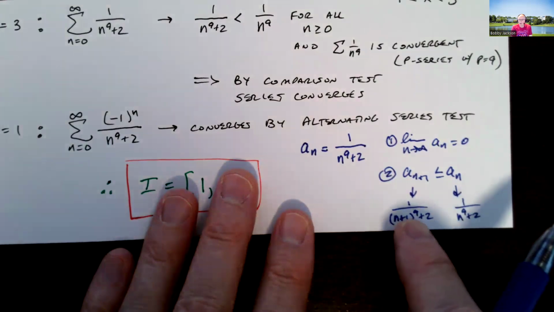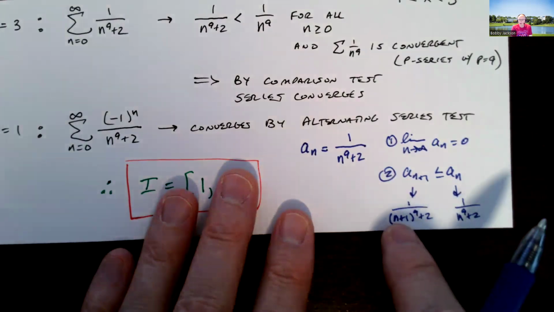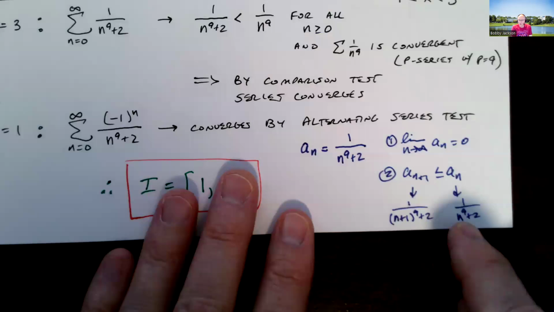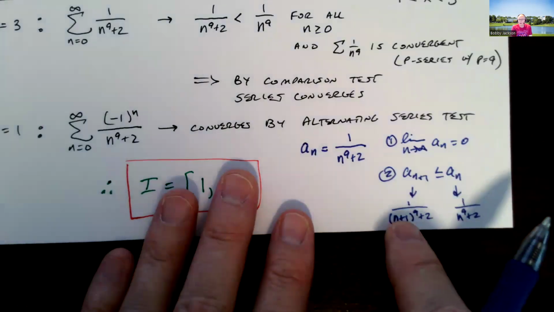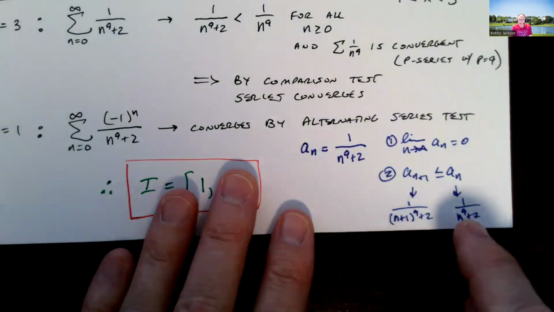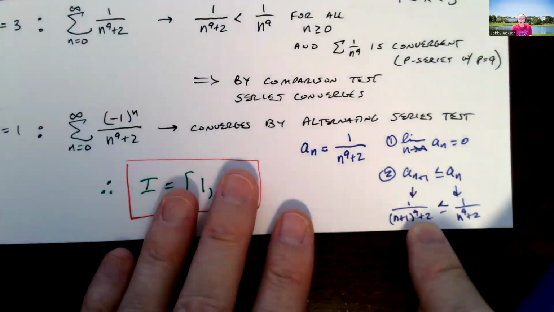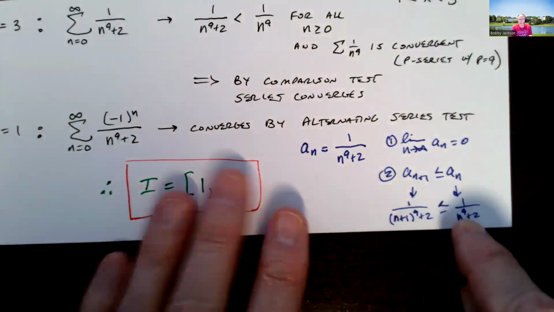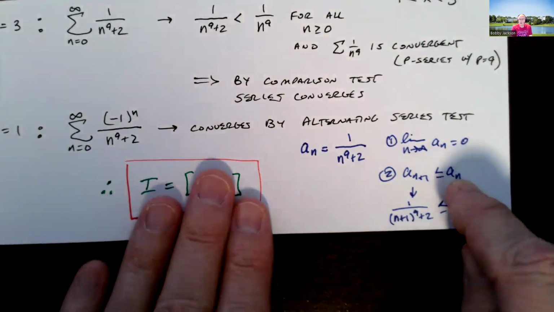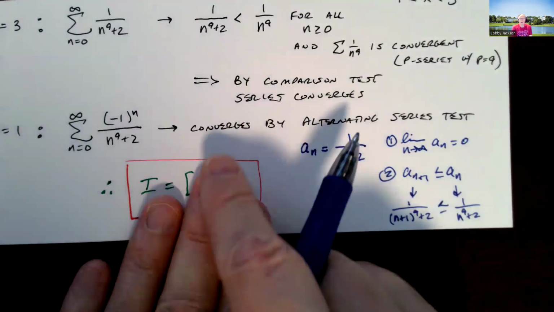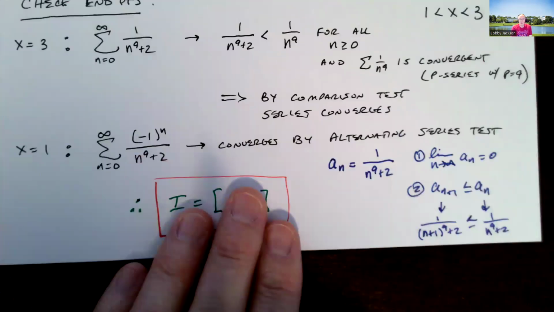The only difference is n plus 1 to the ninth versus n to the ninth. This denominator is always bigger, so the fraction on the left is always less than that one. These two things being true, with that sign changer, we have convergence by the alternating series test.